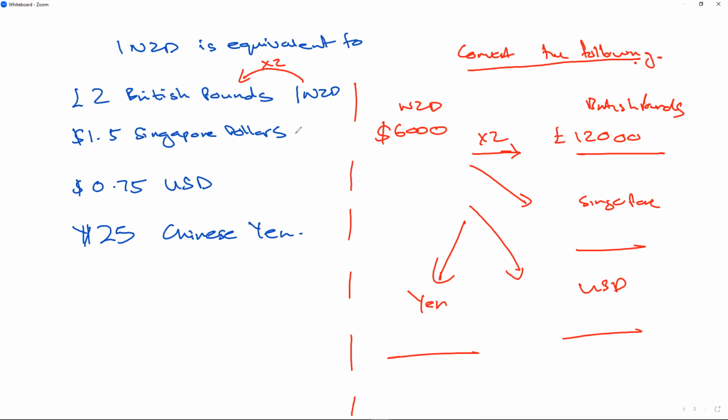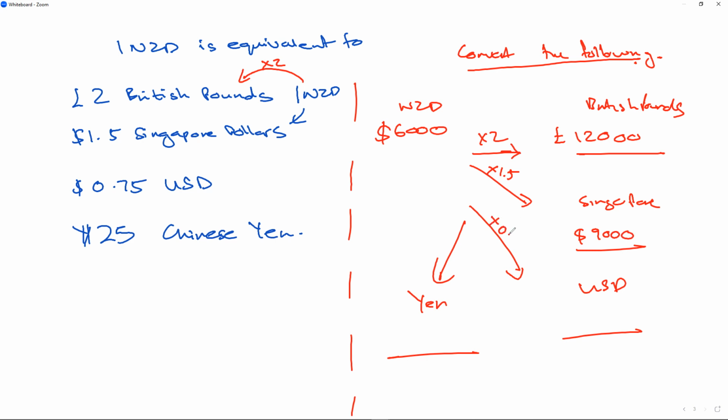And then if I've got NZD going back to Singapore dollars, exactly the same principle, multiplied by 1.5 comes to 9,000 Singapore dollars.